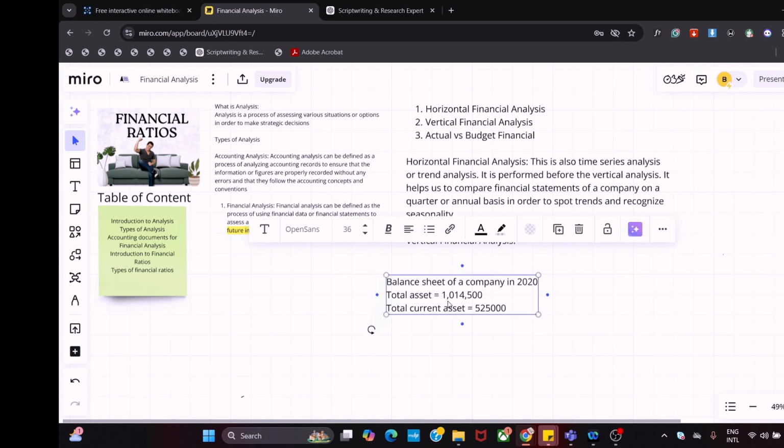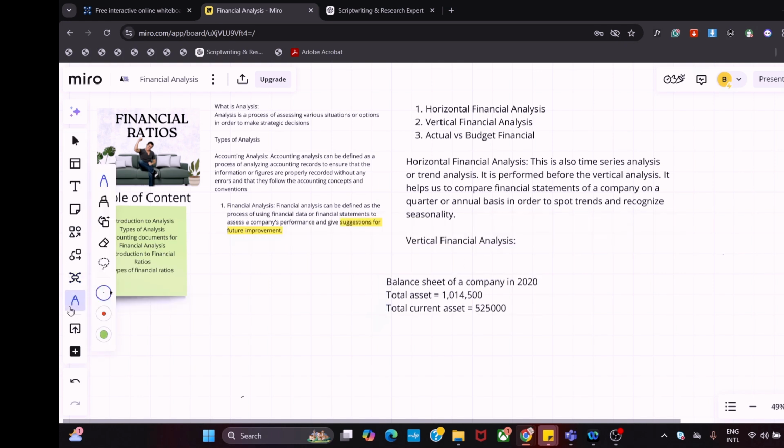Now, if we are trying to perform a vertical analysis on this, what we have to do is divide the current assets of the company by the total assets. Let me get my pen too. So this would be current assets divided by total assets.